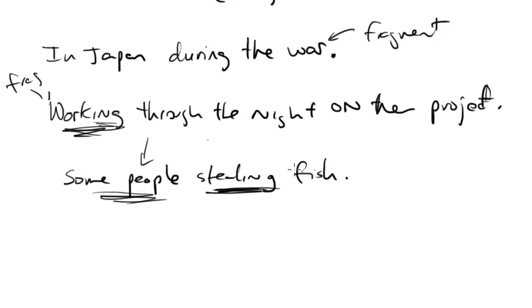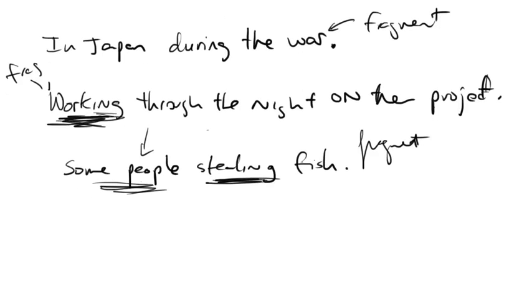If you did some people steal fish, that would be an independent clause. But as written, this as well is a fragment. So as you can see, these fragments are usually going to be caused either by some sort of participle, so working, or the past participle like worked, or gerunds, or even infinitives, really any other version of the verb besides the actual conjugated form.